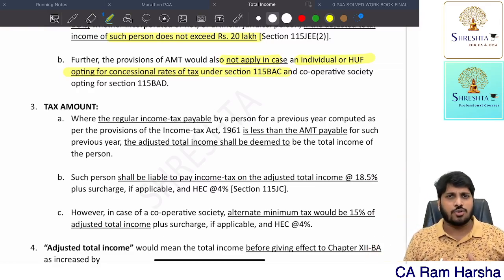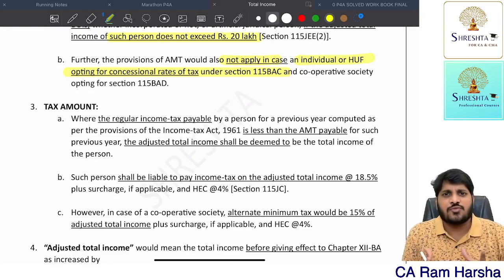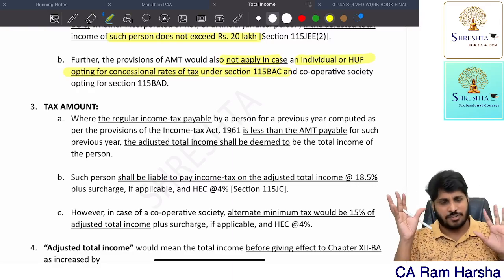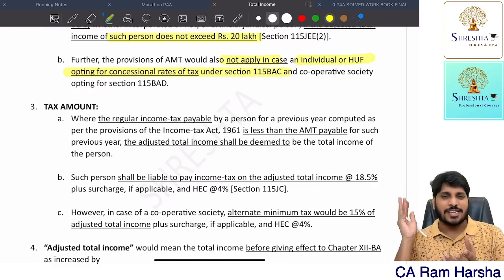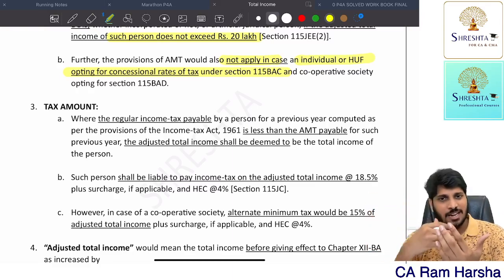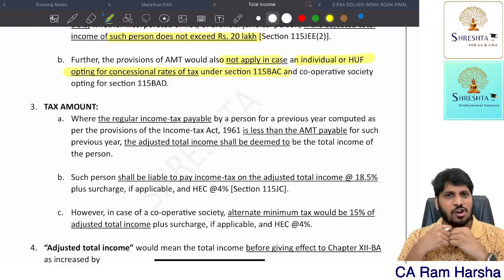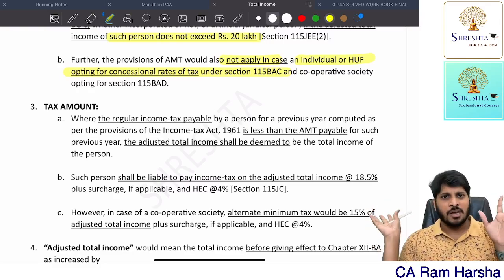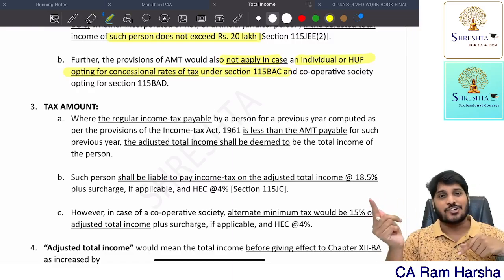Just to temporarily save the cash flows of the department, they did this kind of adjustment. So for the next 15 years you can carry forward AMT. Obviously, in the next 15 years, there will definitely be one year where I will not have 35AD, I will not have 10AA, nothing. In that year I have to pay regular tax only, AMT is also not there. I can set off this.